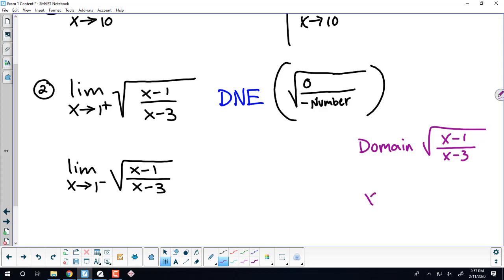So we can say, all right, well, when is that positive or 0? So basically we now have this rational inequality to solve.